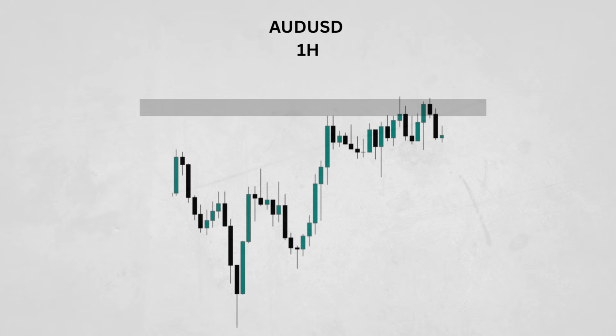I noticed that no opposing fair value gap was left unmitigated there either, which was another great sign. So as soon as price gave me this bearish 1-hour fair value gap, I took my trade. My stop loss was placed 5 pips above that high, and my take profit was set at a 1-to-2 risk to reward ratio. And as you can see, take profit got hit.